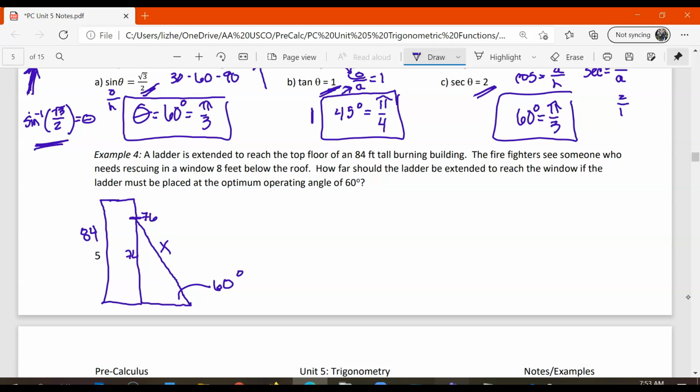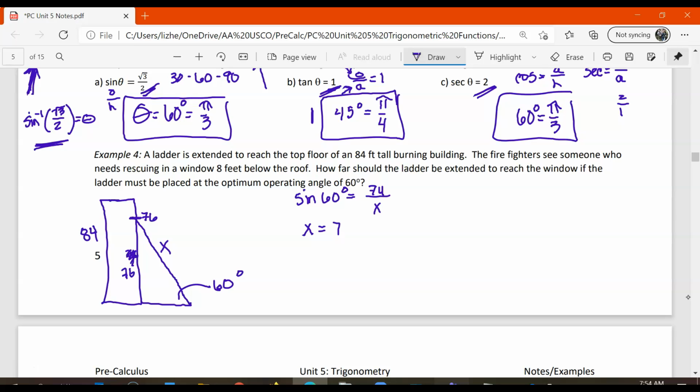I'm going to use opposite over hypotenuse, that's sine. So sine of a 60-degree angle is opposite over hypotenuse, which means x is going to be, how did I get to 74?